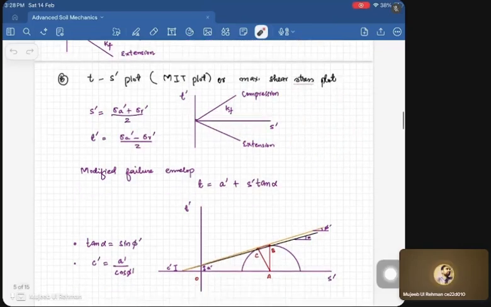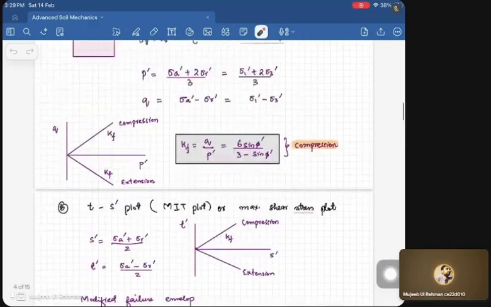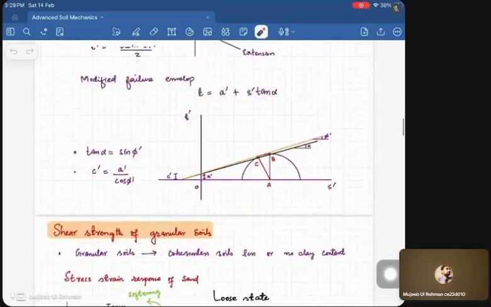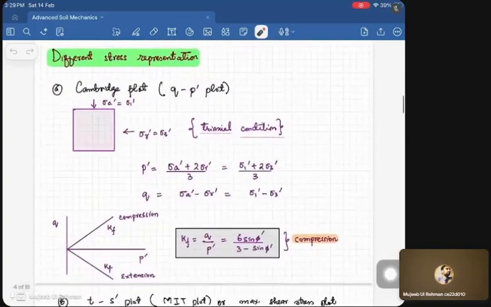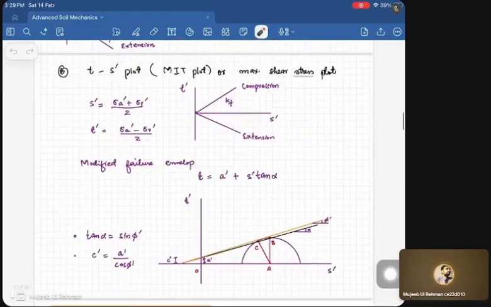The modified failure envelope, as per the definitions of t and s, is t equal to a dash plus s dash tan alpha. After doing the calculations, we have seen that tan alpha is equal to sine phi dash, and c dash is equal to a dash divided by cos phi dash. It means the MIT plot and the Cambridge plot are interrelated, and if we know one parameter from the Q-P plot, we can get the parameters for the MIT plot.